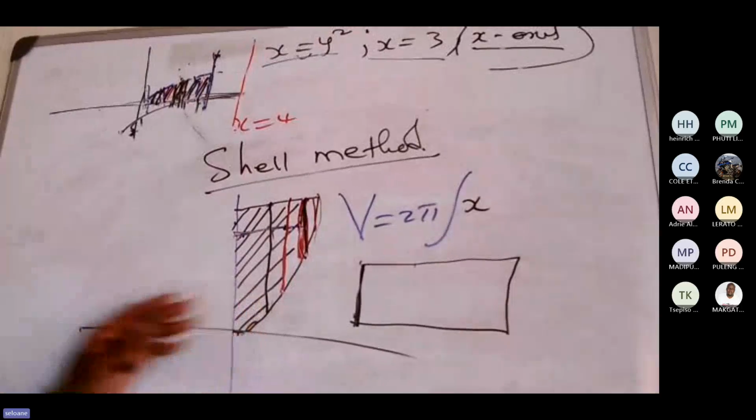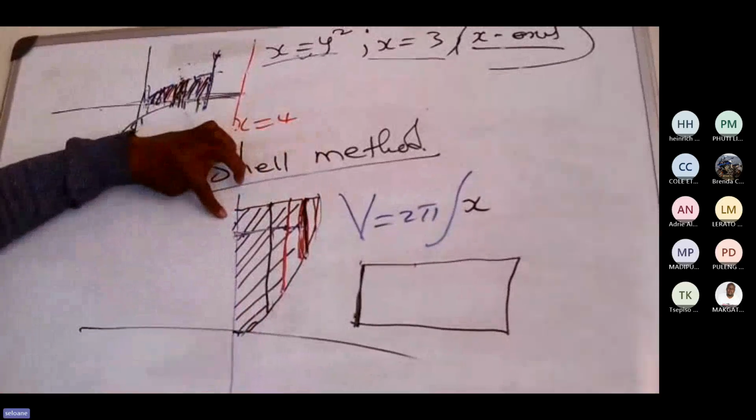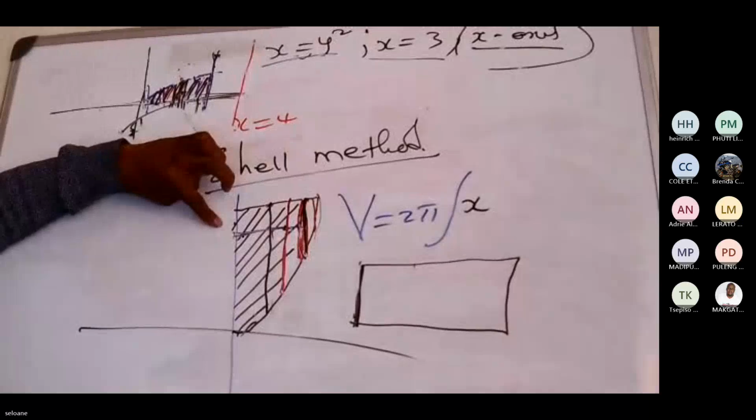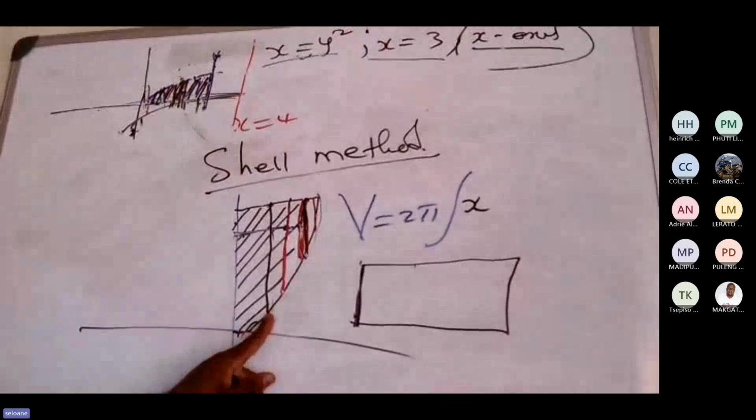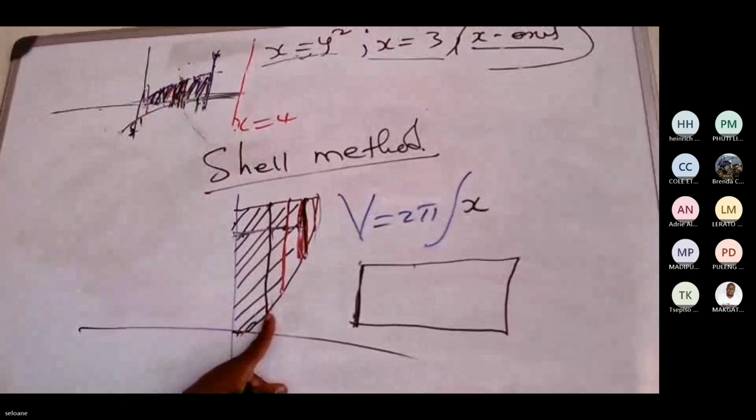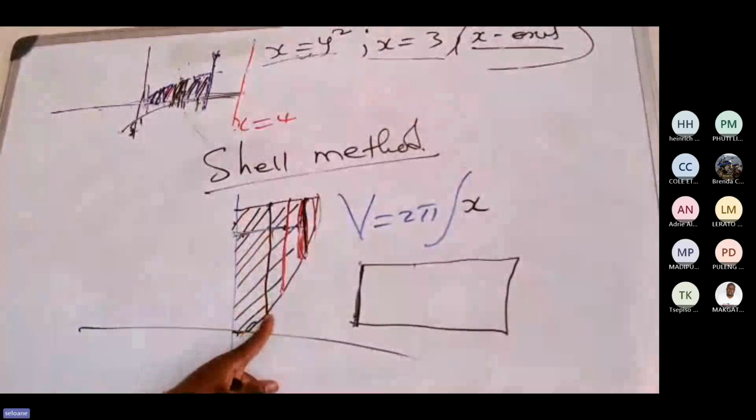Where does it start? It starts exactly on this curve, on this graph. You are going to end exactly on this graph. And it's a vertical distance.